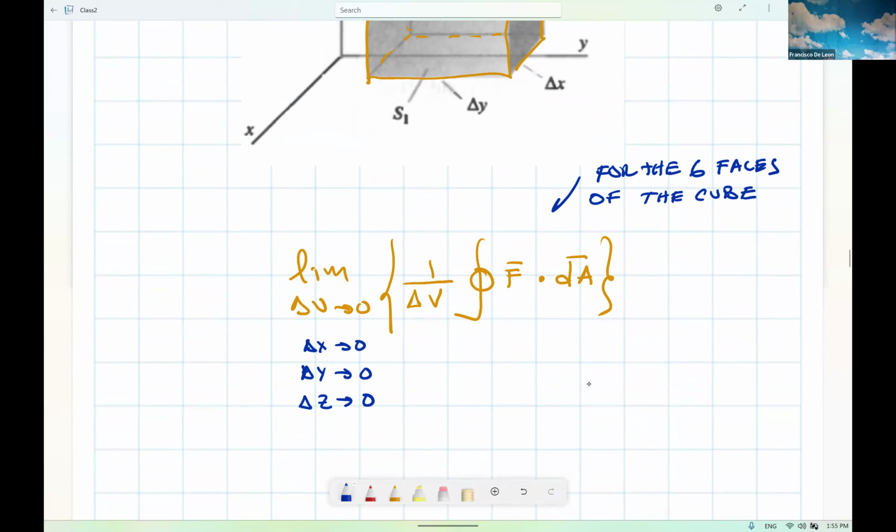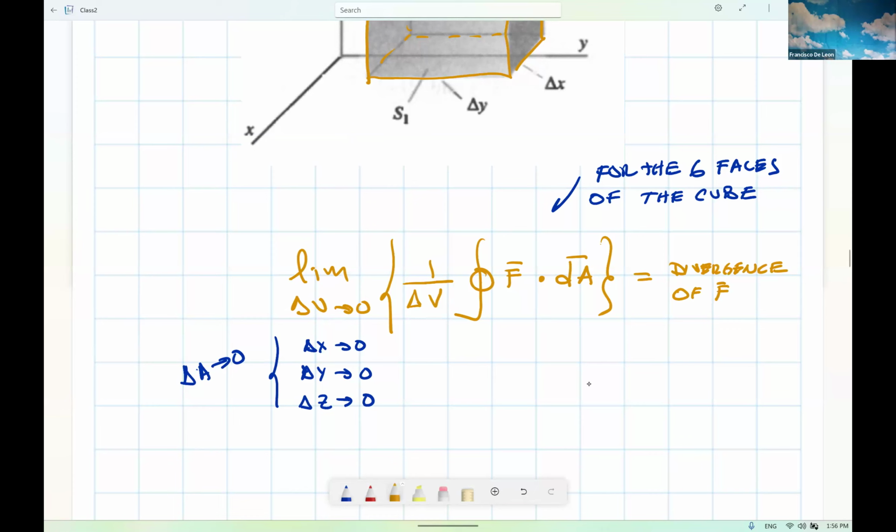And this is to represent the fact that delta area tends to zero. And this equation has a name. This is called the divergence of f, right? That's the name that it has.